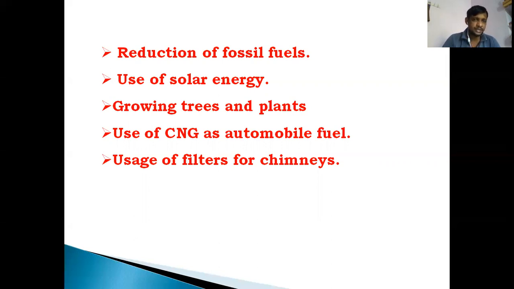Ozone is from the industries, and chlorofluorocarbons, made of chlorine, fluorine, and carbon, come mainly from refrigeration systems, that may be fridges or ACs. These CFCs will cause ozone depletion, that means the ozone layer will be depleted.